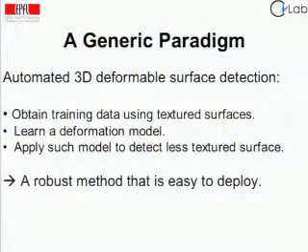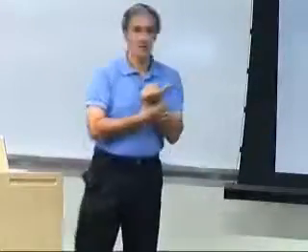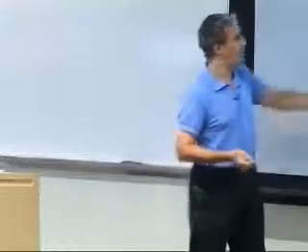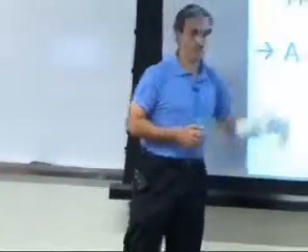I also hope I've shown that this is potentially a generic paradigm for modeling 3D deformable surfaces from one or more cameras. The way this could go is you need models in general to model deformations, and you can obtain them using textured versions of the surfaces you want to represent or capture.